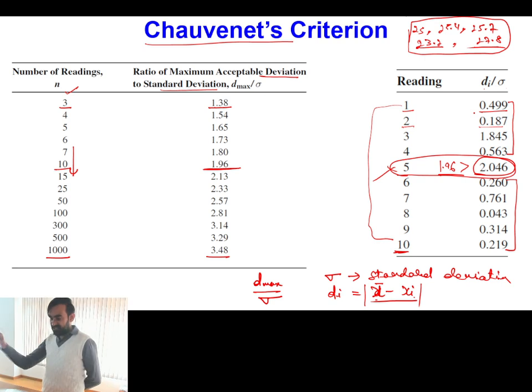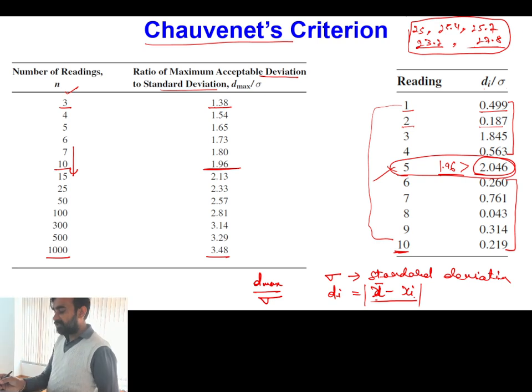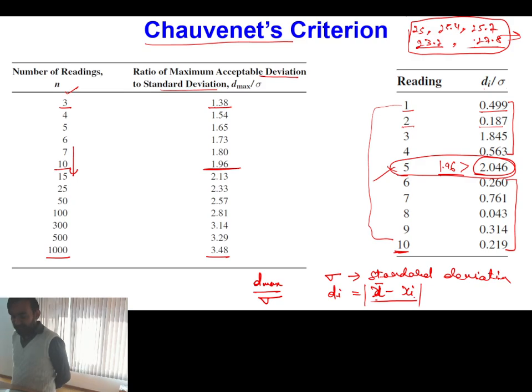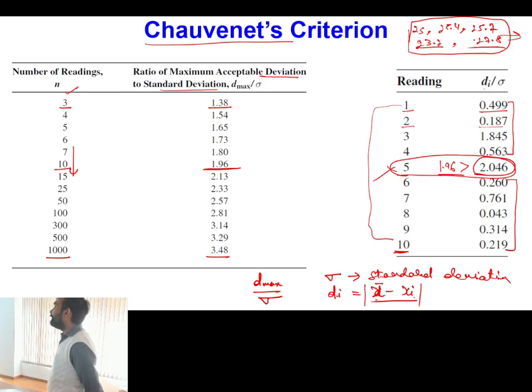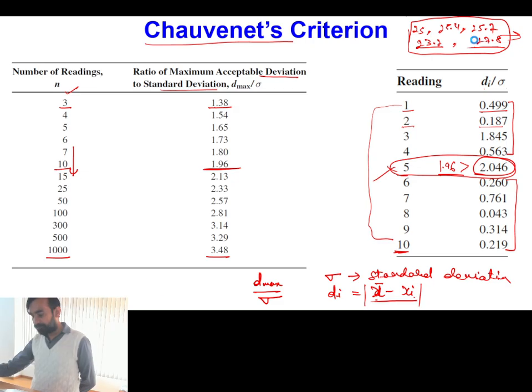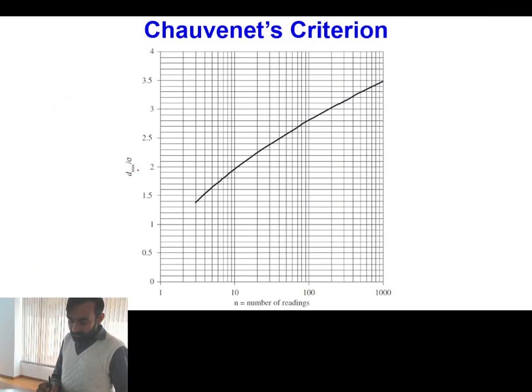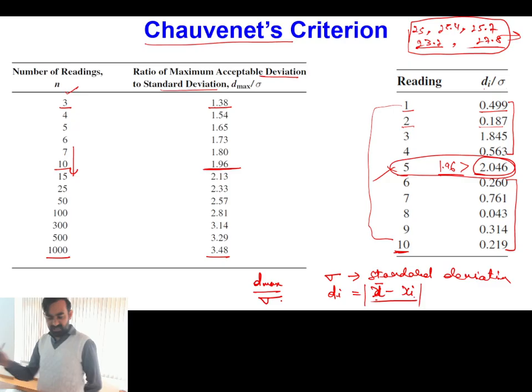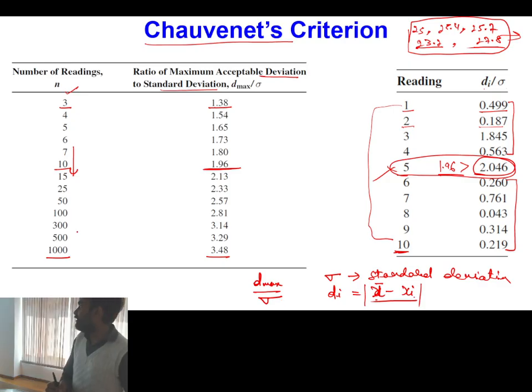So if someone gives you this type of readings, how can you find out which of these readings are not to be considered in analysis? That is something which we can decide from Chauvenet's criterion. So this is the limit of Chauvenet's criterion presented in graphical form, because in the previous table you can see the data is not continuous.